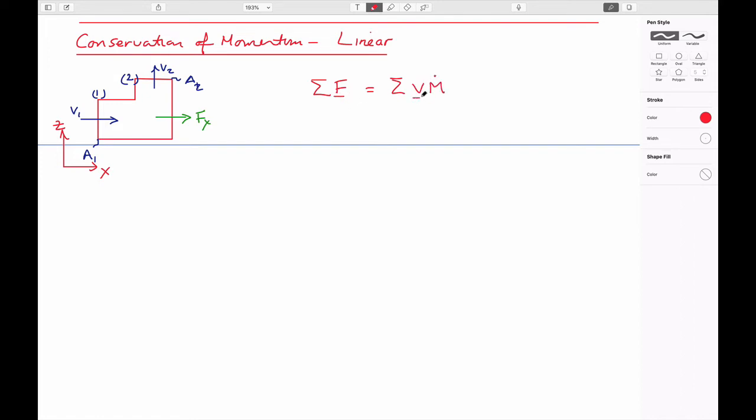These are vector quantities, and so they have forces in the x direction, in the y direction, and in the z direction for each of these vectors. And likewise for velocity, we've always dealt with it one component at a time that we can define.